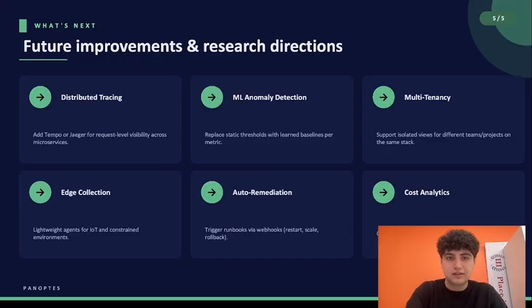And what can we do next? Right now PANOPTES works well, but we already know what we would build next. The most natural next step is distributed tracing, for example adding tools like Tempo or Jaeger, so we can follow a single user request through every microservice. Right now we see system health; tracing will show us exactly where requests slowed down or failed.